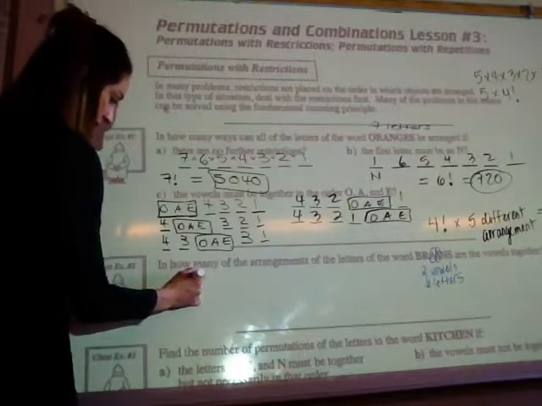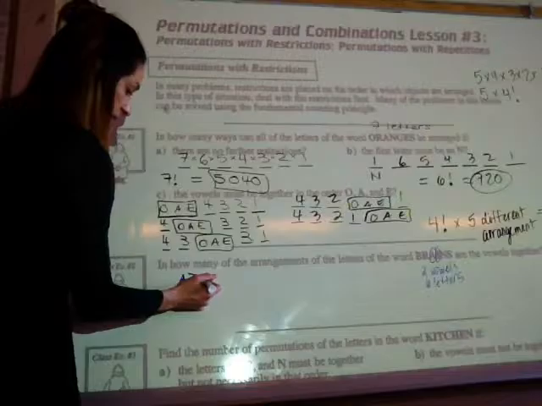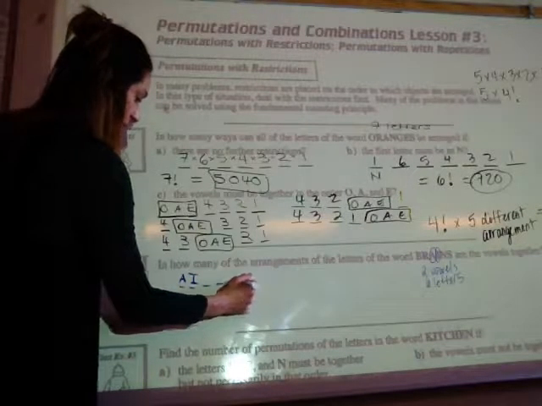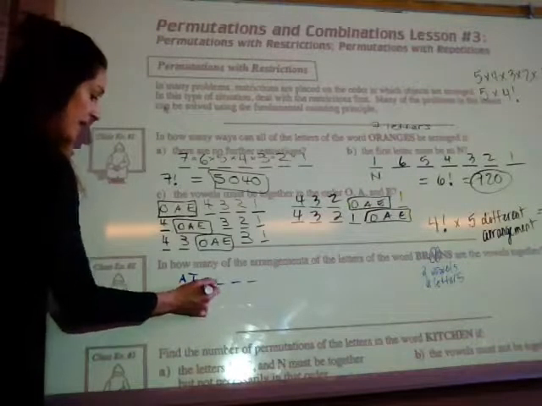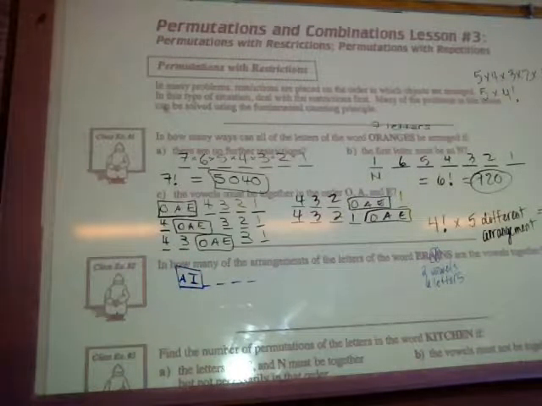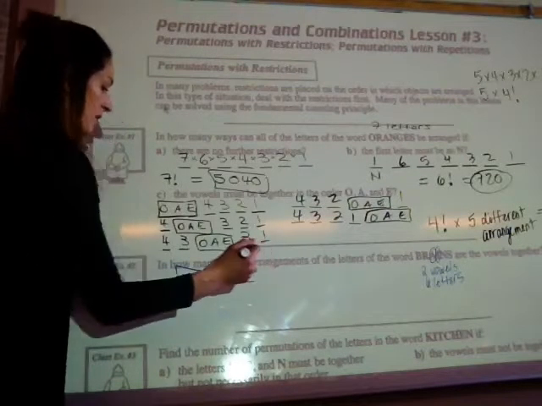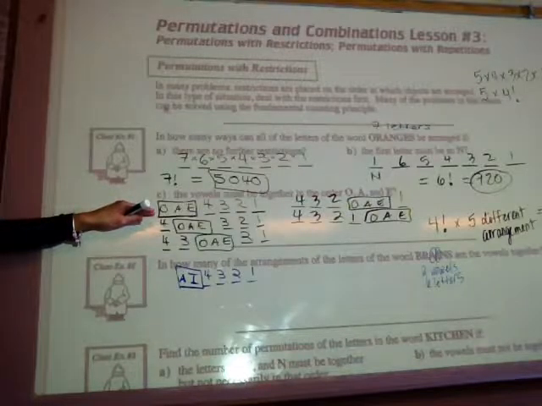What if we had AI, that's 2 of the spaces, and then we had 1, 2, 3, 4. If AI is together, and then I have 4, 3, 2, 1, is that not pretty much exactly like the question we did?